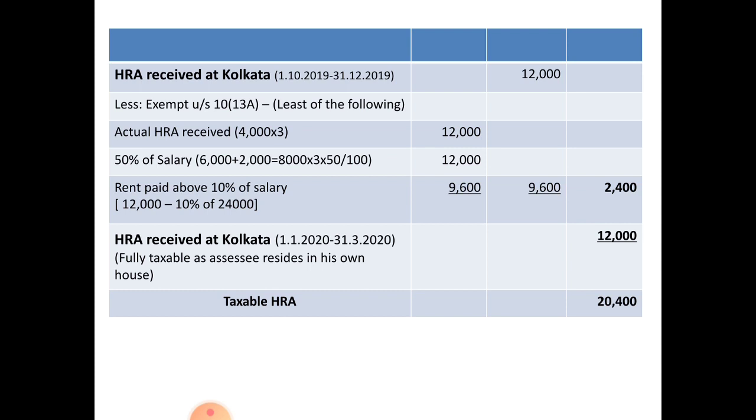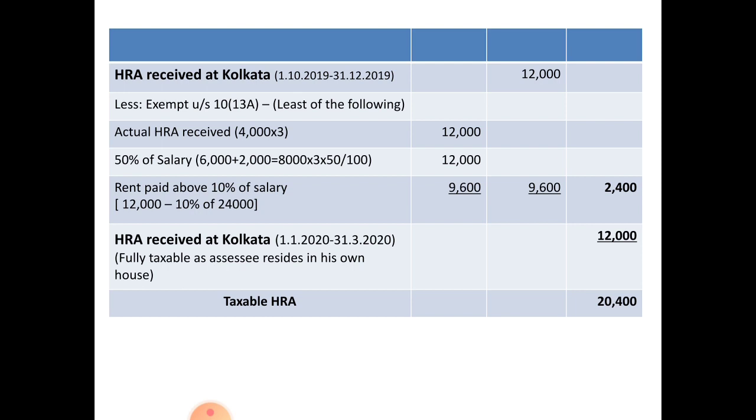Third situation is HRA received at Kolkata from 1st October to 31st December, because he is getting a transfer in the month of October. That is for 3 months. The HRA received amount is the same, that is, in Kolkata also he is receiving HRA of 4,000 per month.